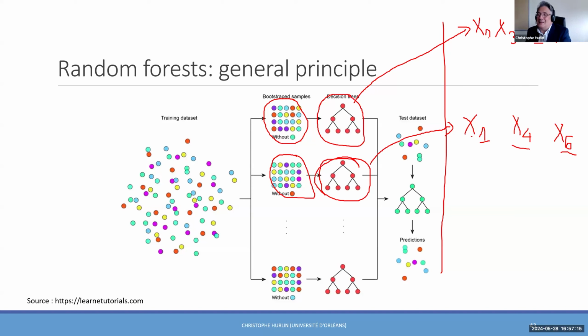By consequence, it is obvious that at the end, the first variable here may be the loan duration, here the married status, here the car price, and here the age. So by design, the correlation between the decisions of the first tree and the second tree will be small.